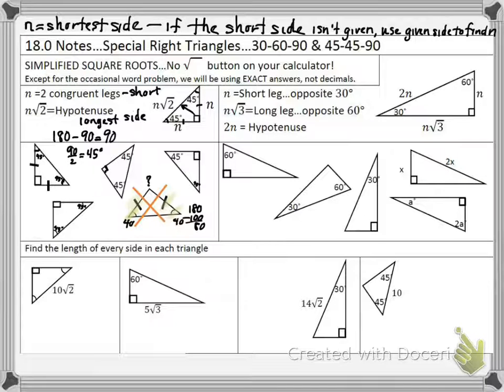Let's find a 45, 45, 90 triangle down here. This first one is a 45, 45, 90 triangle. I know that because it has a right angle and two equal sides.